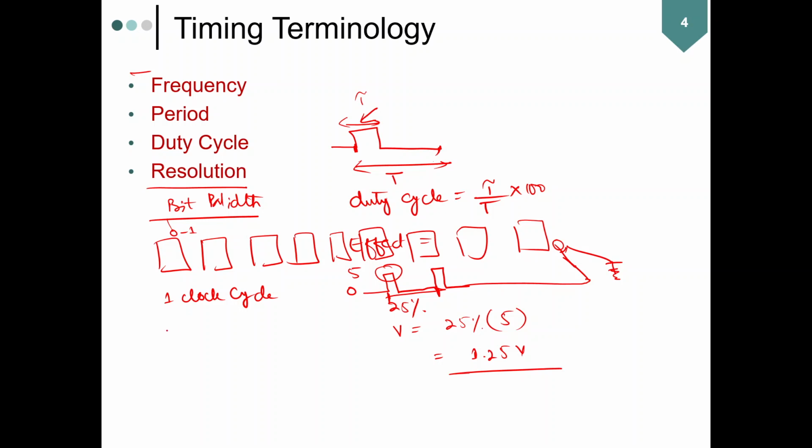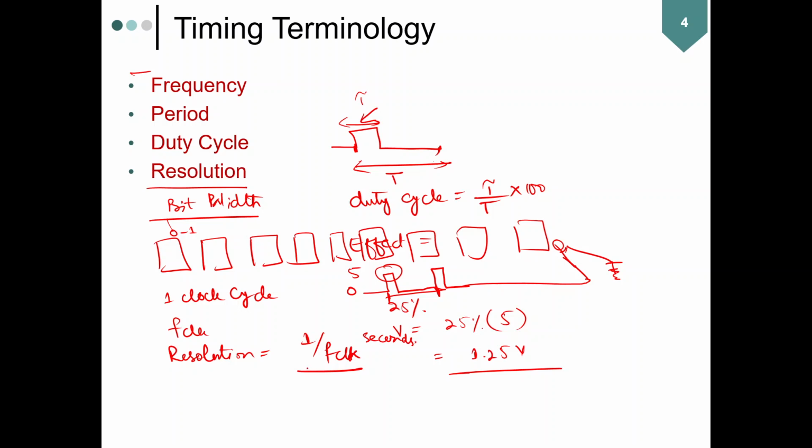So if your clock is, let's say, F clock, then your resolution is 1 over F clock, which means its output is making a transition every 1 over F clock seconds.